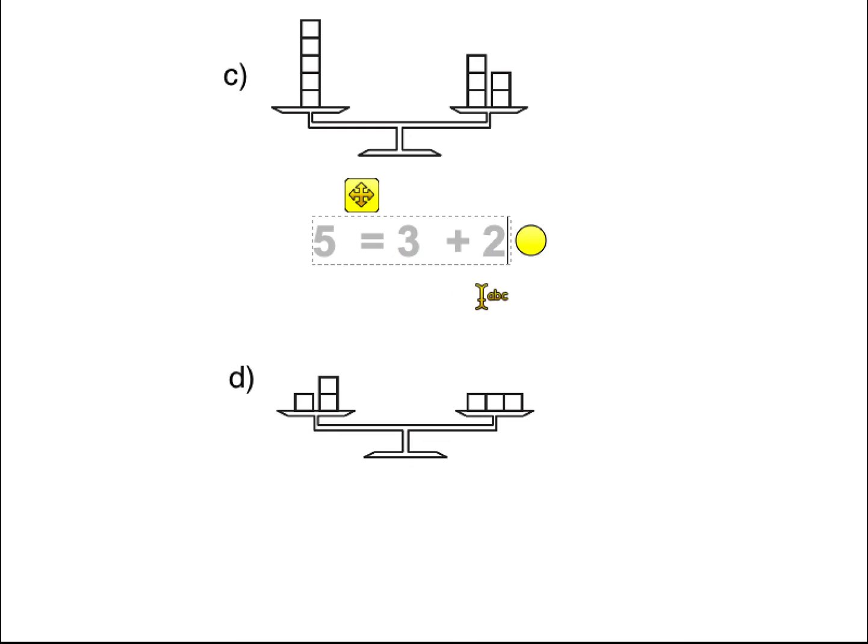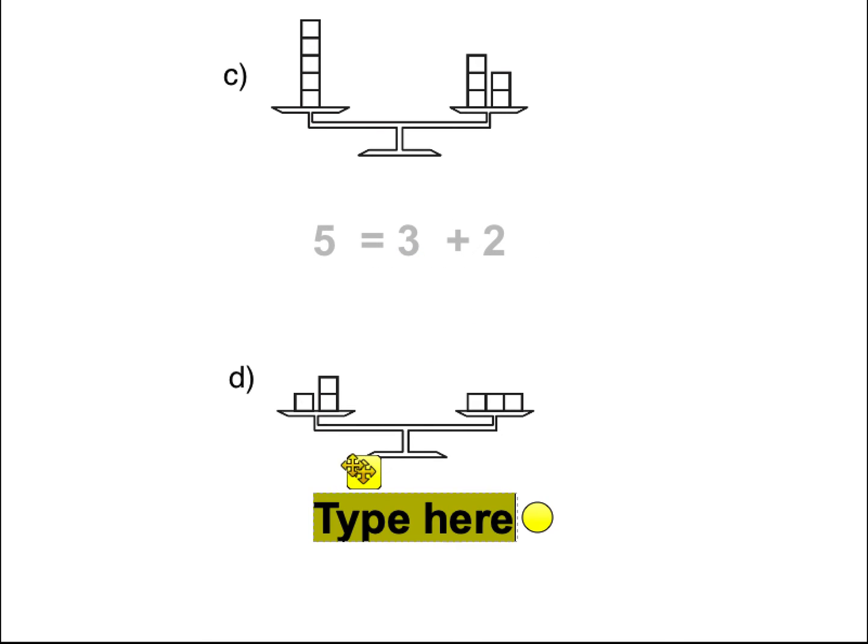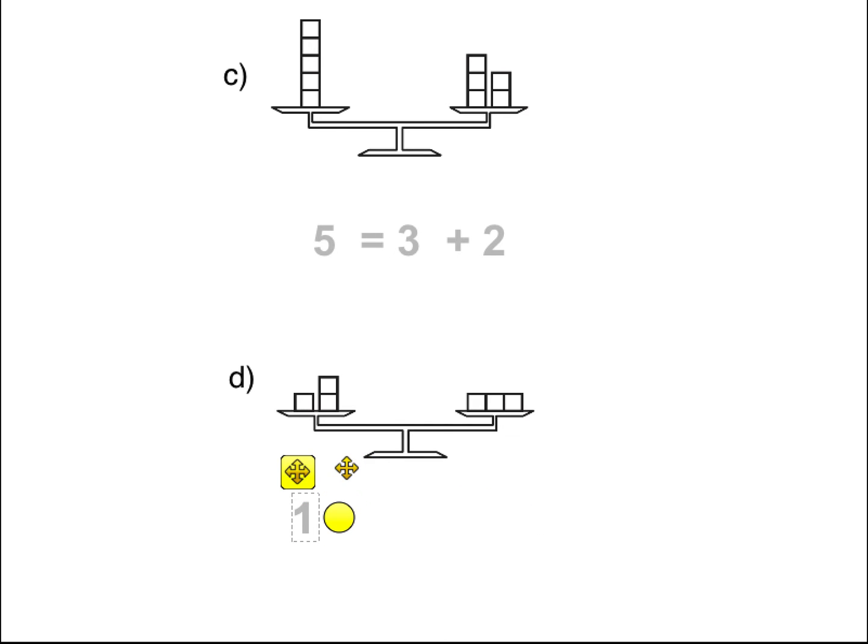And you should remember 3 and 2 make 5 because we practiced that a lot. On this side, we have 1 cube, and then we have 2 cubes. And is that the same as 3 cubes? 1 and 2 equals 1, 2, 3. Yeah, sure, see? 1, 2, 3. 1 plus 2 is the same as 3.